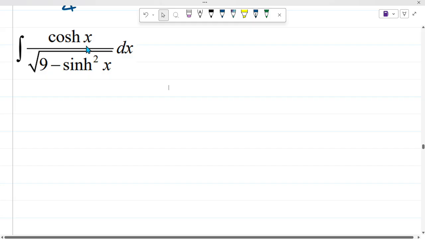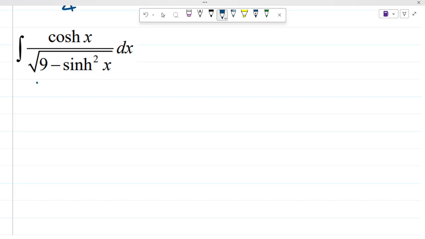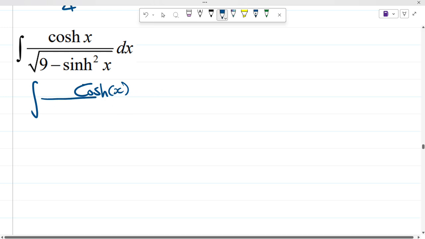No. But since it's a fraction, it's possible that this could be one of the inverses. So let's see if I can rewrite this in a nice way. Will it then work? Of course, yes, because then the numerator is going to be the derivative of whatever is squared there. You understand?